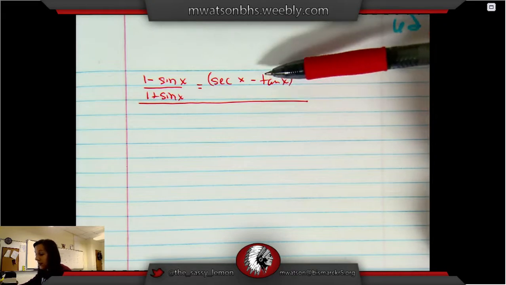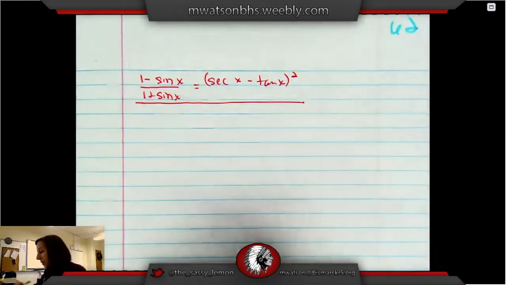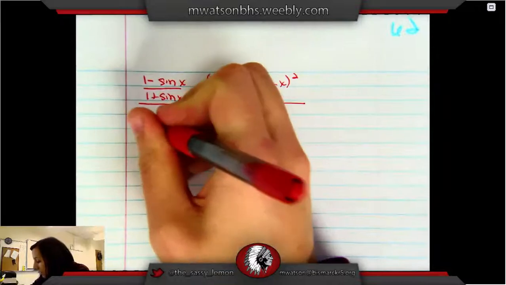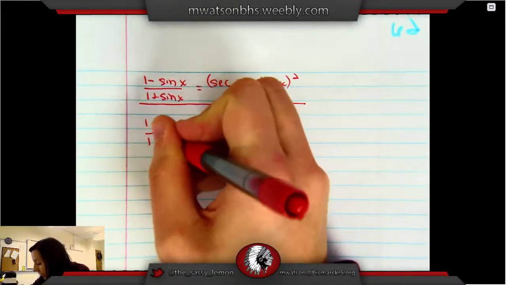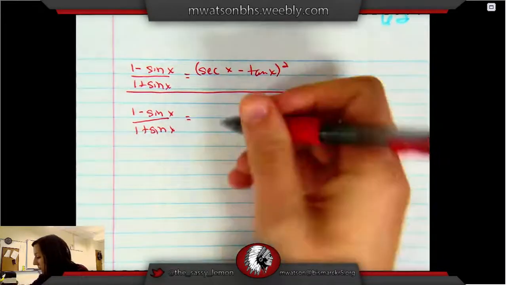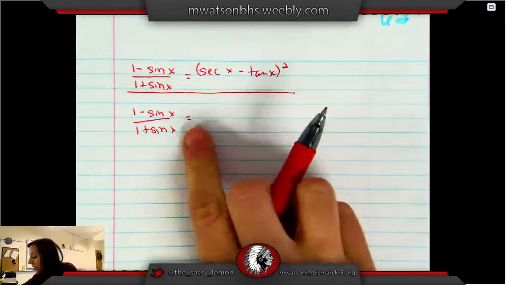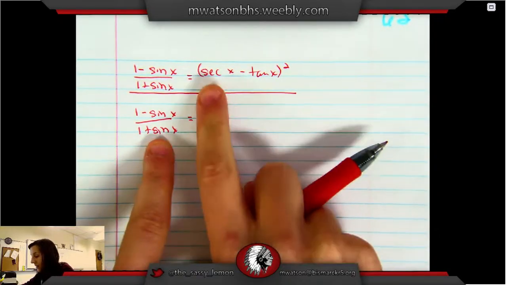Now we probably could go with the right side, and honestly I haven't done this in advance, so I could end up wrong. It's just kind of an adventure together. Alright, so let's start with the left hand side. 1 minus sine of x over 1 plus sine of x. We're going to multiply by our conjugate on top and bottom. And notice which one I want to simplify. I want that denominator to simplify.